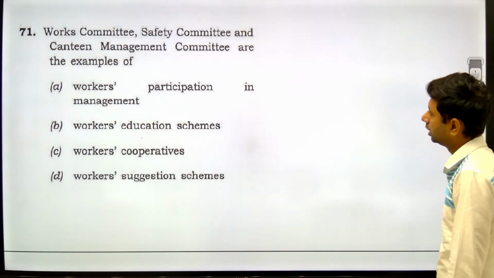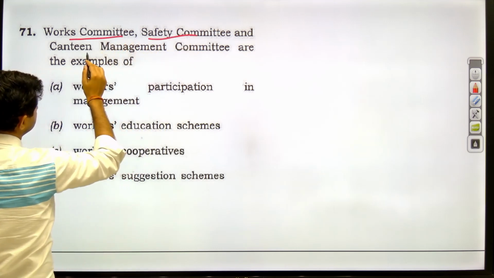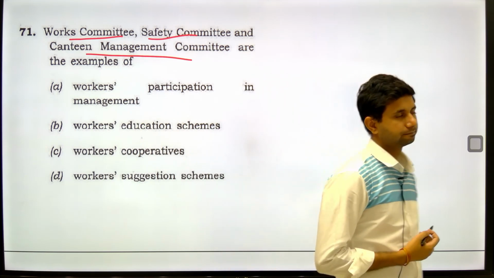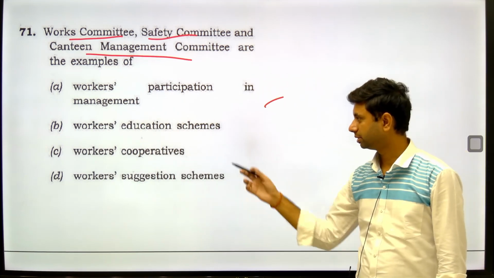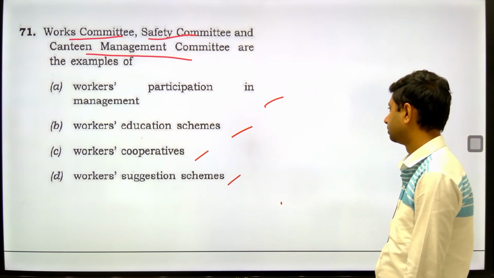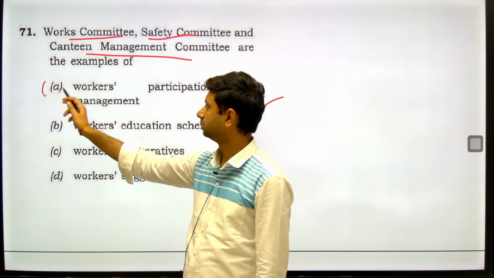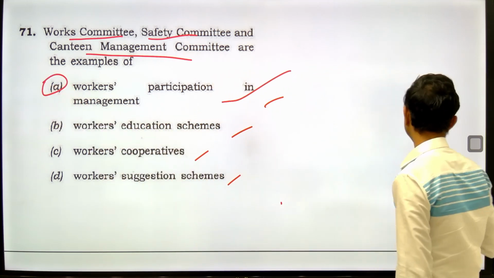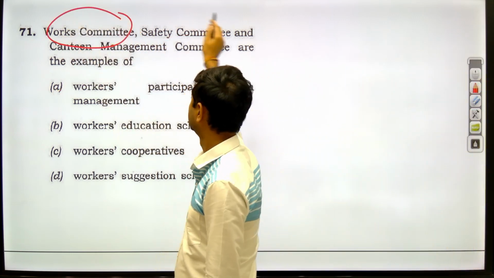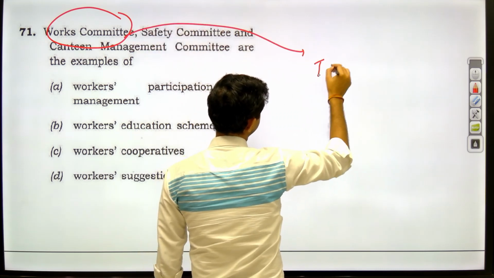Let's do another question. It is about: works committee, safety committee, canteen management committee are the examples of workers' participation in management, workers' education schemes, worker cooperatives, worker suggestion schemes. So the correct answer is participation in management. So the works committees, these committees are actually established under the Industrial Relations Code.